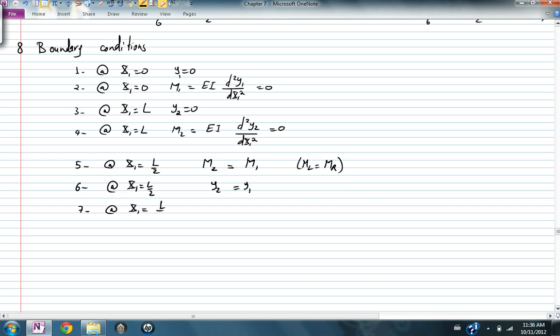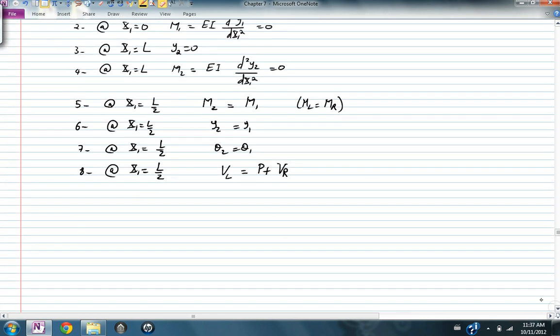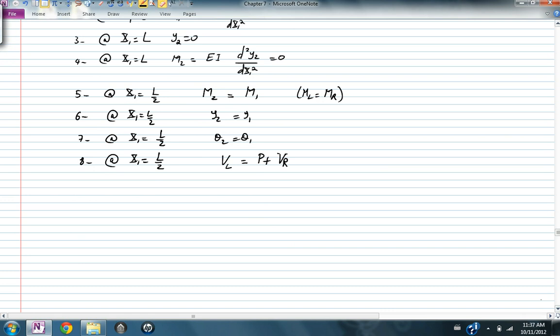And at x1 equal to L over 2, again theta 2 is equal to theta 1. And finally, at x1 equal L over 2, I have the shear V left is equal to P plus V right. 8 boundary conditions. Solve the 8 boundary conditions and you get a displacement function that looks like this. Y is equal to one of the following.